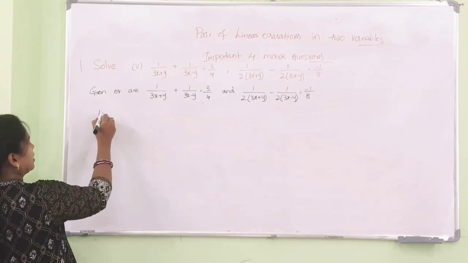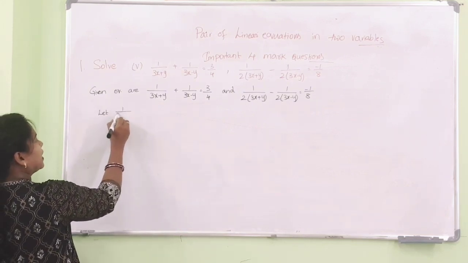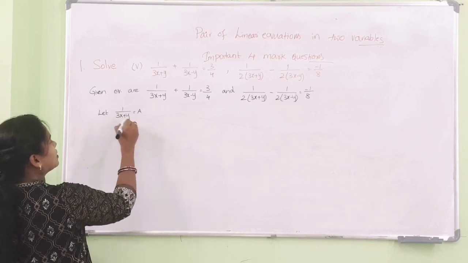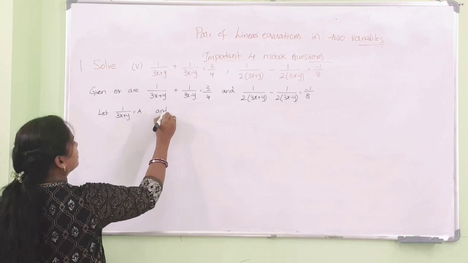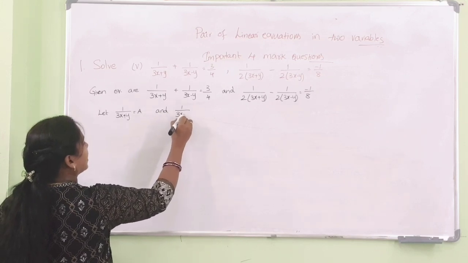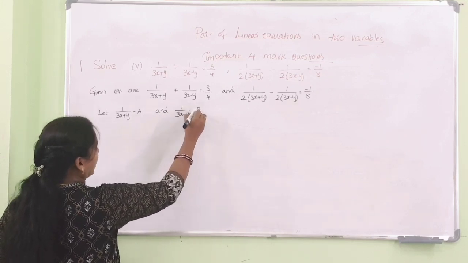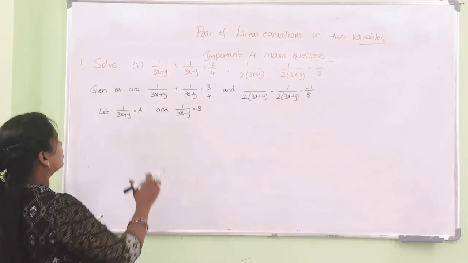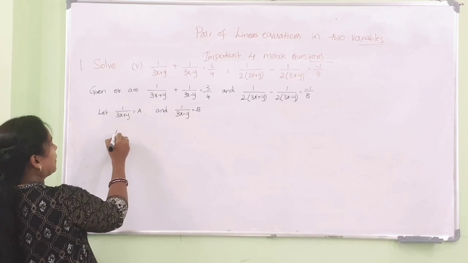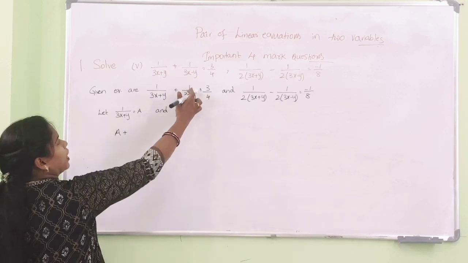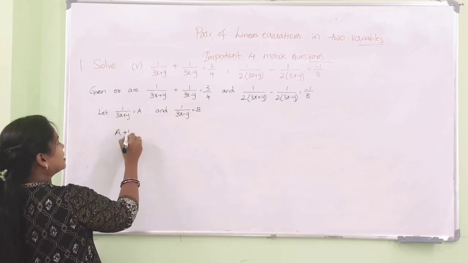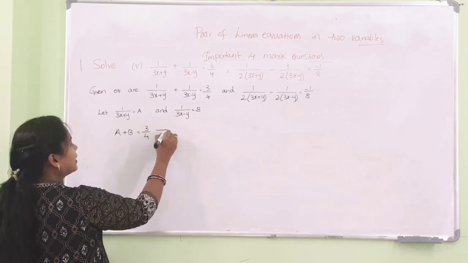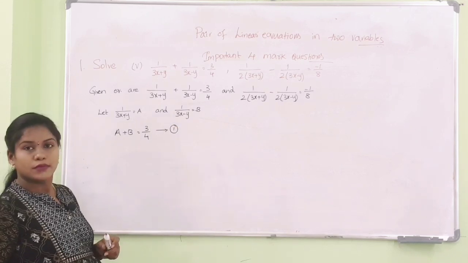Here we have to consider 1 by 3x plus y is equal to a, and 1 by 3x minus y is equal to b. Then we get a plus b is equal to 3 by 4. Make it as equation 1.